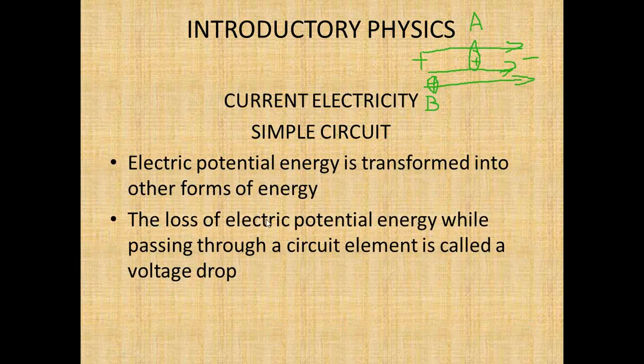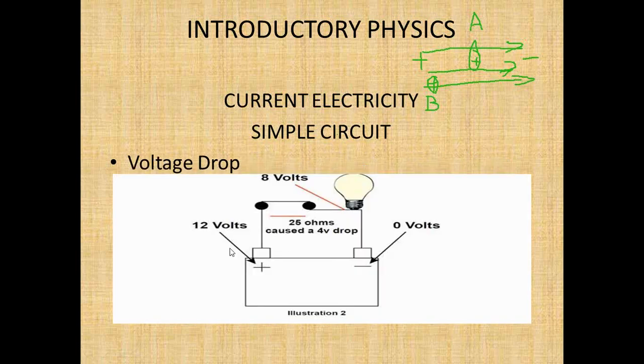You'll get a loss of electric potential energy while your charge is passing through the various circuit elements, and that is called a voltage drop. So you're going to get a loss of electric potential energy as your test charge moves through your circuit elements. So you get a voltage drop, and this is what we mean.